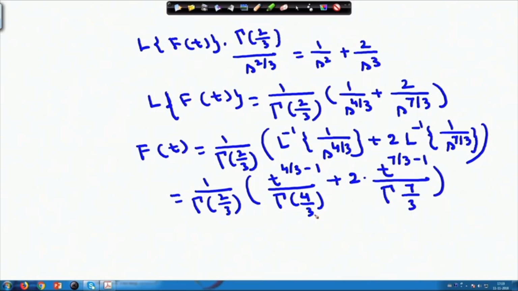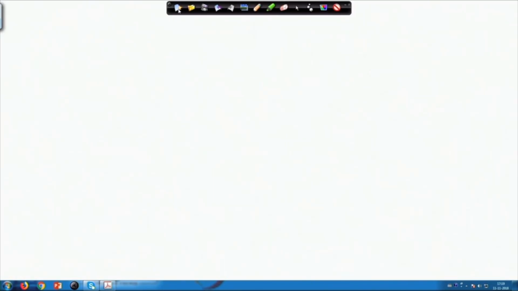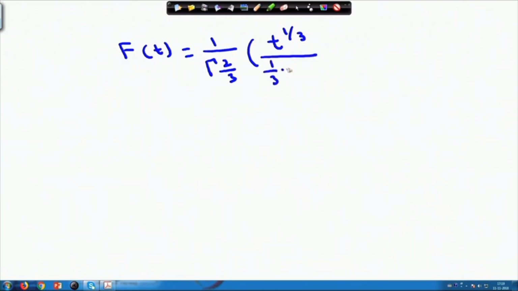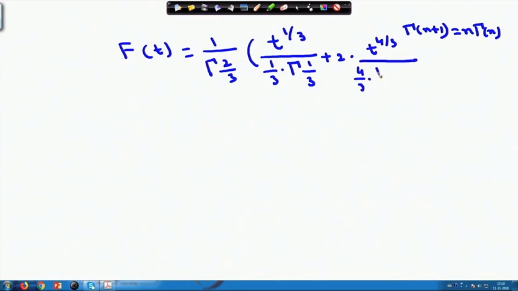And now, if I make the changes from here, what you are obtaining is that I can write down my f t as 1 by gamma 2 by 3 into t to the power 1 by 3 divided by 1 by 3 into gamma 1 by 3, because gamma n plus 1 equals n gamma n, we know it, we are using this property, plus 2 into t to the power 4 by 3 divided by 4 by 3 into 1 by 3 into gamma 1 by 3.